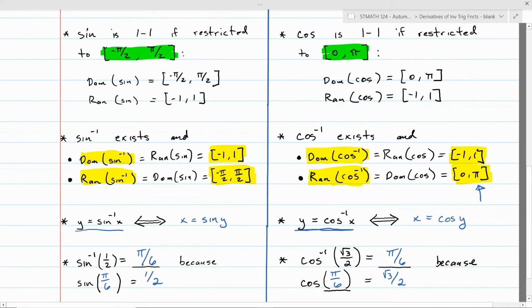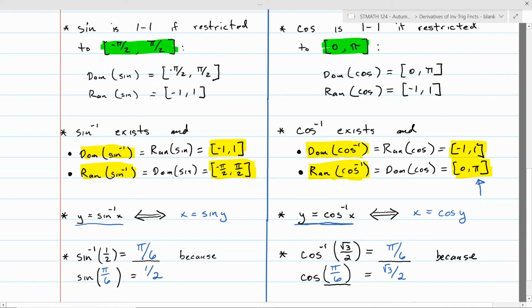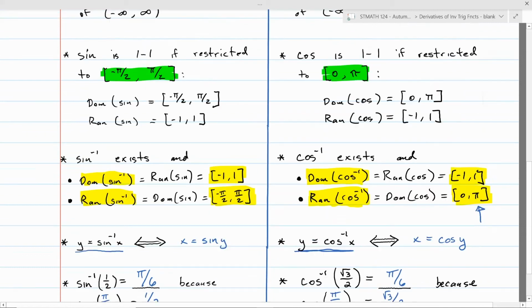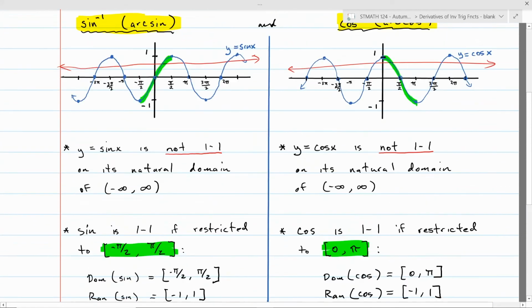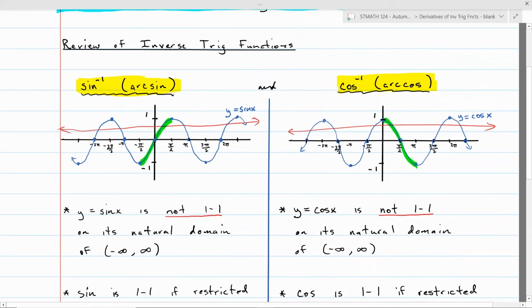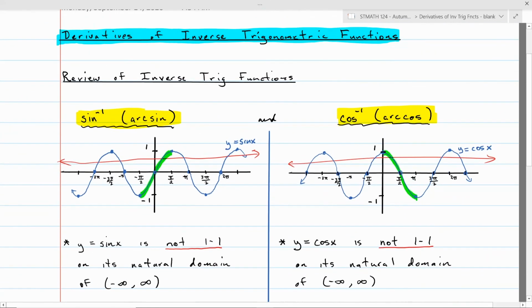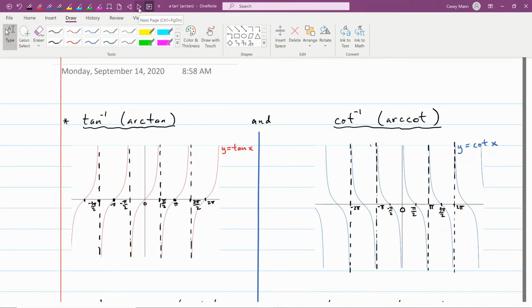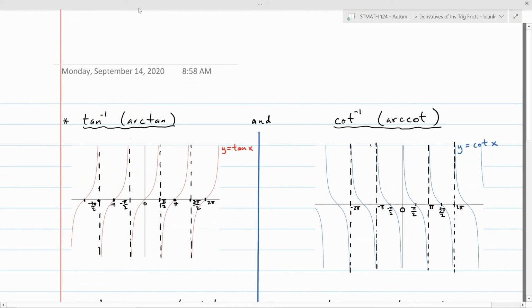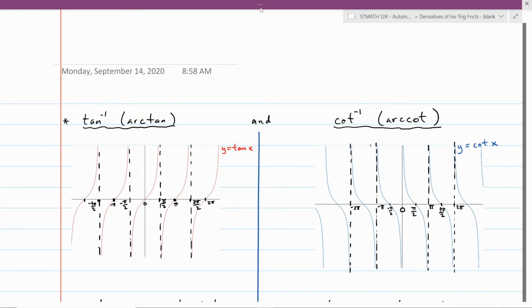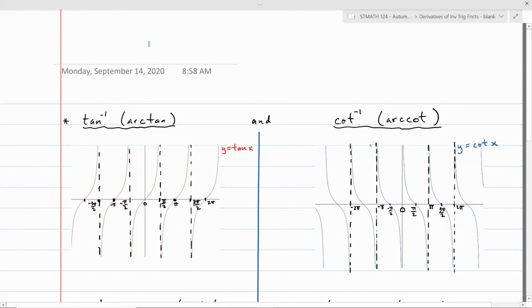And we can run through exactly the same sort of thing for the other 4 trig functions too. So this covers sine and cosine, and it all came down to looking at the graph of the function and restricting it appropriately so that you have something that's 1-to-1, so that you'll have an inverse. So we could do that simultaneously for tangent inverse and for cotangent inverse. So for tangent inverse, I got to find a piece of that function where it's 1-to-1.